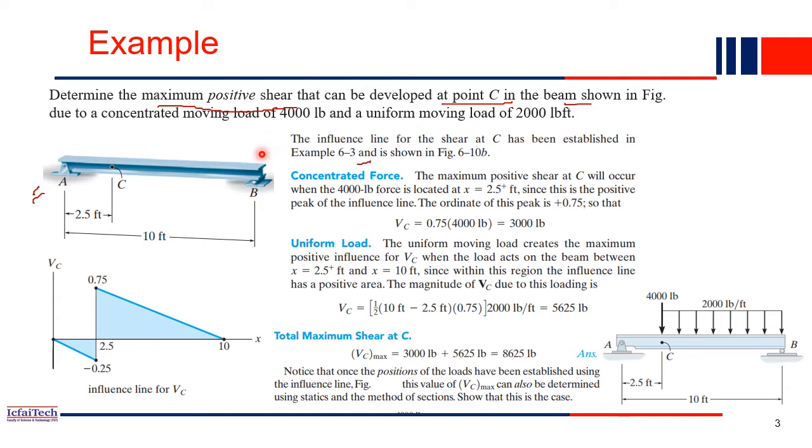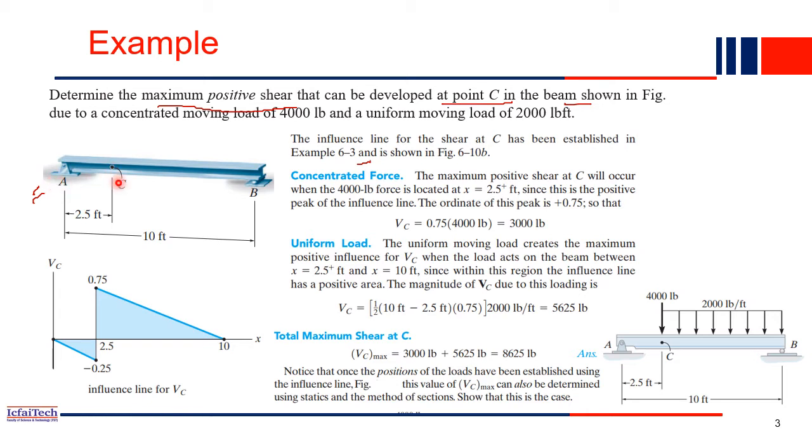Because of these two loads, we have to find the maximum shear that will develop at point C, which is 2.5 feet from the left hand support A, as given in the question.